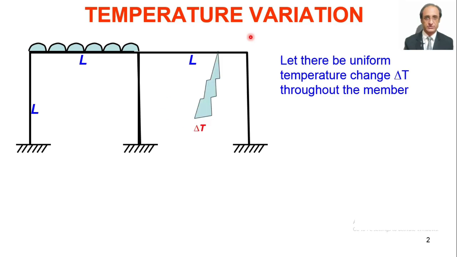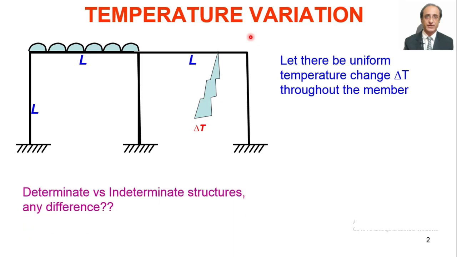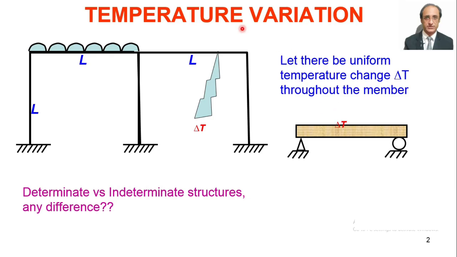Now before we see this, let's consider the case of determinate versus indeterminate structures, and how the two behave differently under thermal conditions. Let's say there is a determinate structure and there is a change in temperature throughout the structure. The effect will be that it will undergo thermal strains, but it will not develop any stresses.